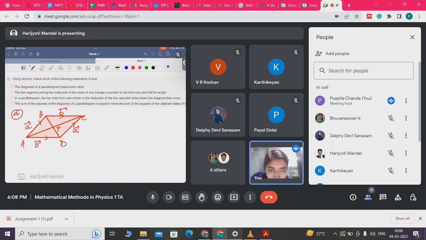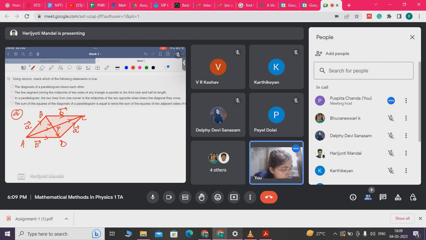So from the vectors we can assume a vector AP here, and this is the direction of BP. Similarly, the direction of PD will be in this direction and PC will be that.